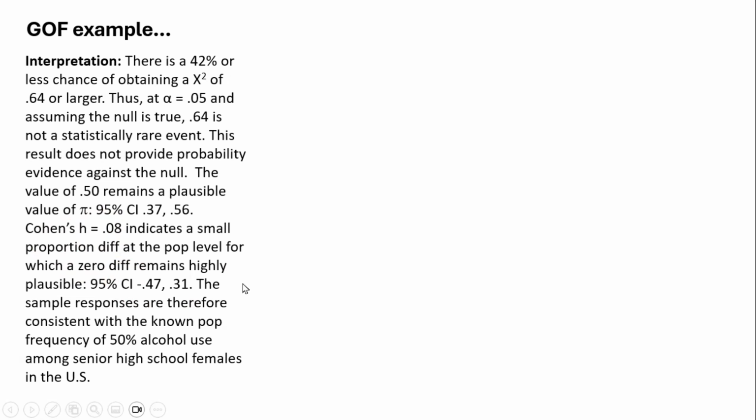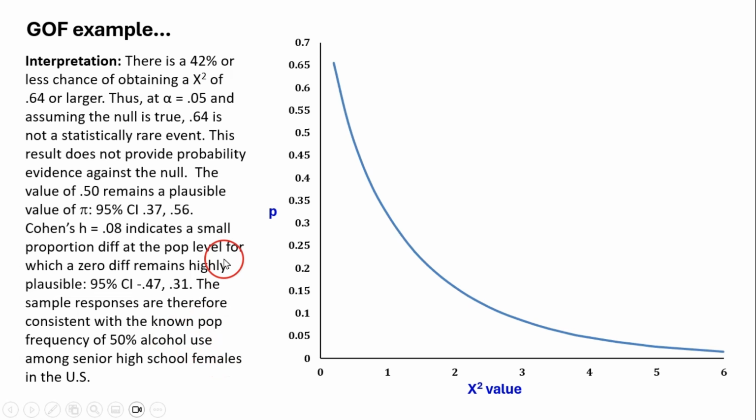So if you go back up here, you look at that and you're like, wait a second, where did this come from? Well, you have to look back at that sampling distribution for the chi-square statistic. Let's take a look at it. So probability on the y-axis, the chi-square value on the x-axis.